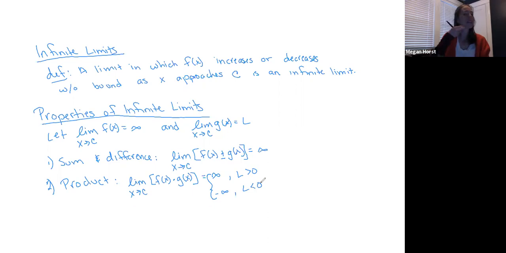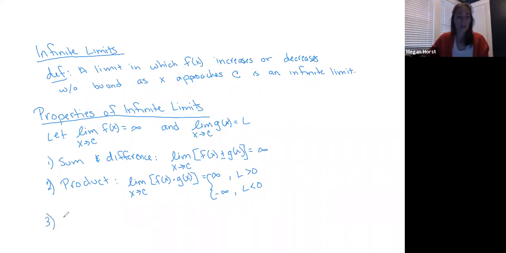So if that limit f of x is going to positive infinity, and I multiply that by a -4, I'm still going to get infinity out, but now that negation is going to make it a negative infinity. And then if I multiply f of x by like 10, I'm still getting infinity out because the limit as x approaches c of f of x is infinity, and it'll still just be positive.